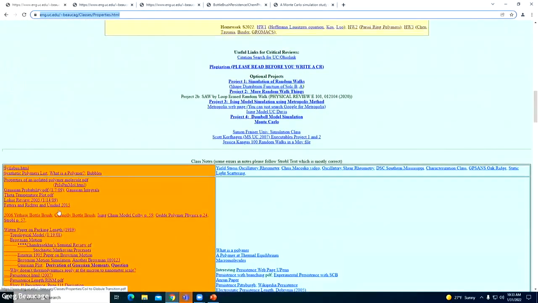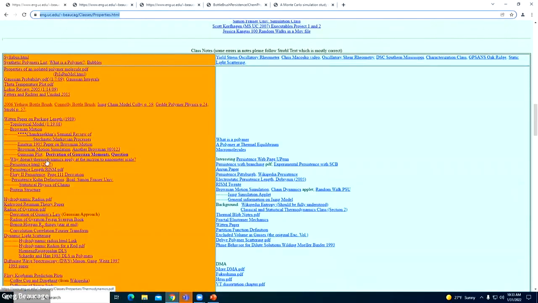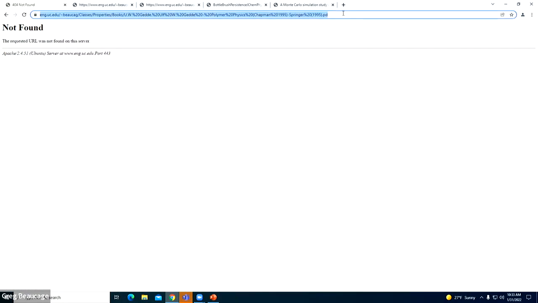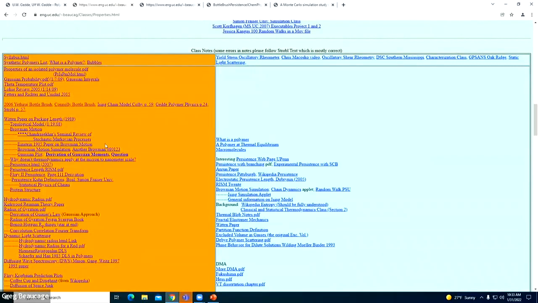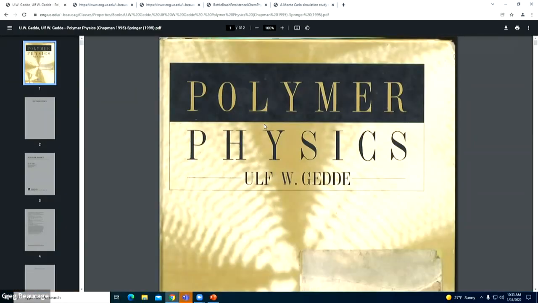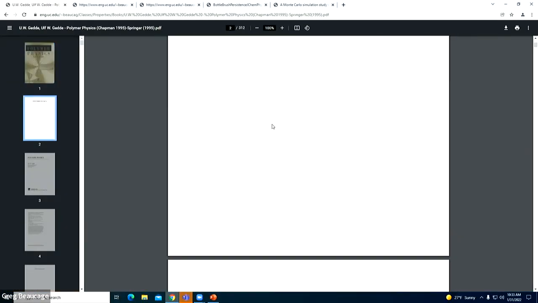Anyway, Florey 2 is covered in this book by Getty. It's a book I haven't really read completely, but basically it's got this stuff in it. It's on page 24, so it's early on in this book, and it's just called Polymer Physics.